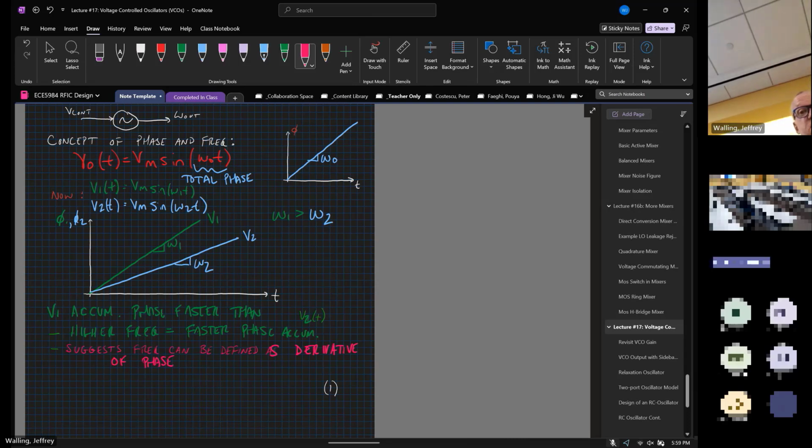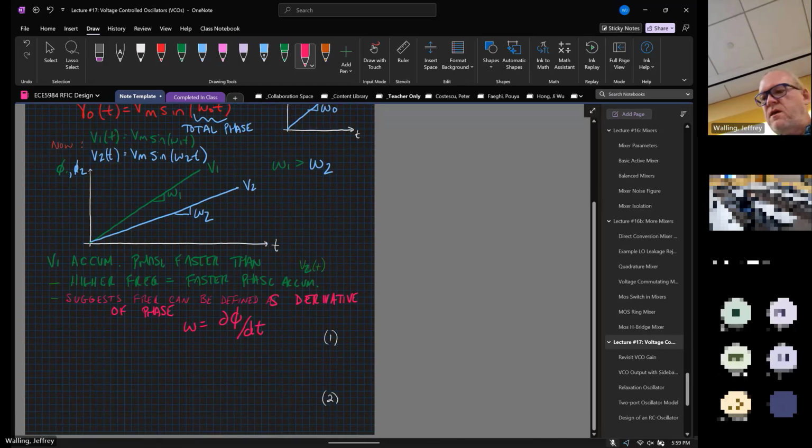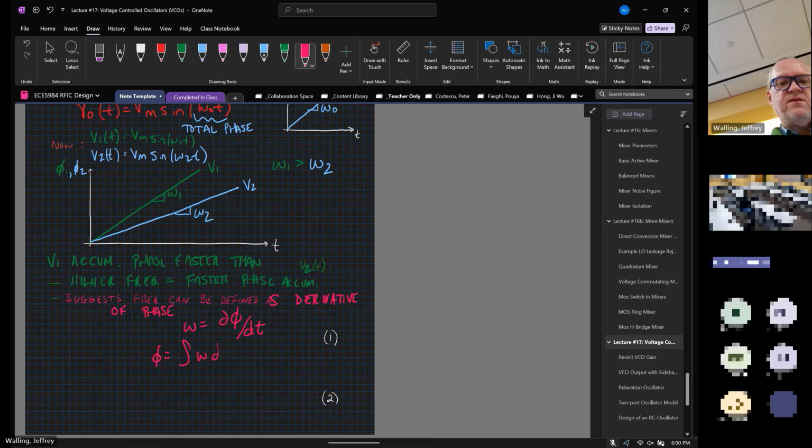Just going along with those two plots that we just made, we can say then that omega is equal to d phi by dt. And if we were to solve this equation, we'd say that phi is equal to the integral of omega dt, maybe plus some initial conditions.